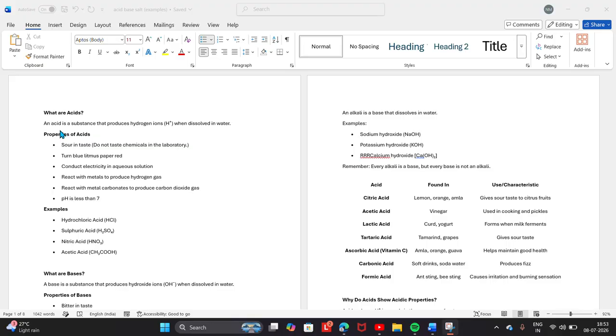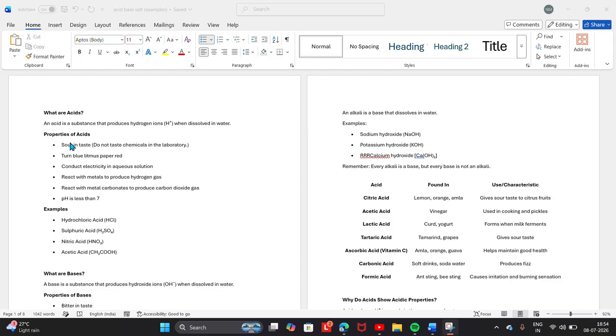So, what are acids now? From now on, we will say acids are substances that produce hydrogen ions, which are basically H plus ions, when dissolved in water. So when you dissolve acid in water, it will release H plus ion. Such substances that release H plus ion on dissolving in water are called acid.